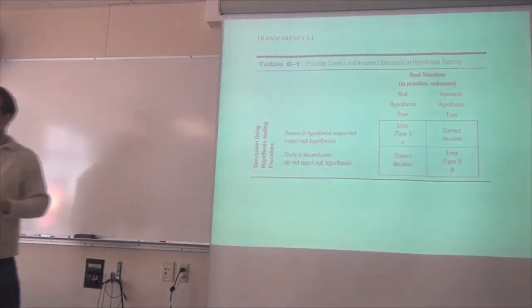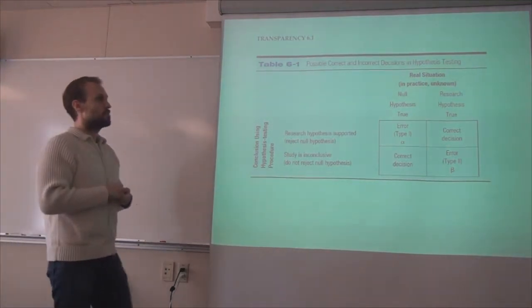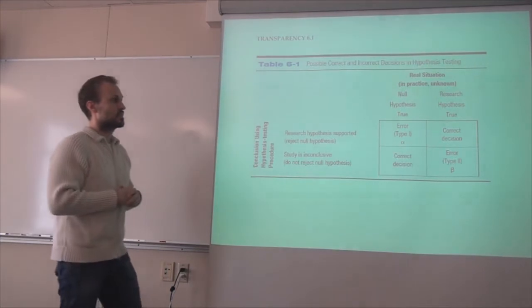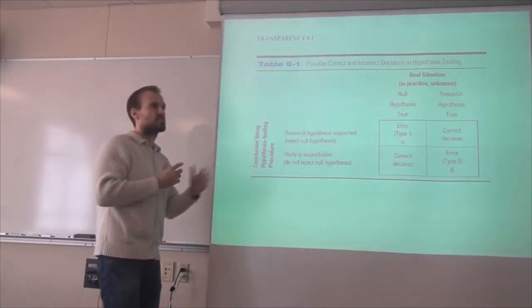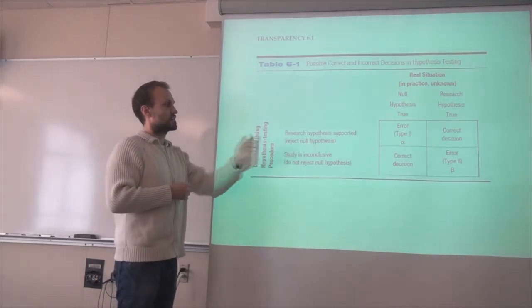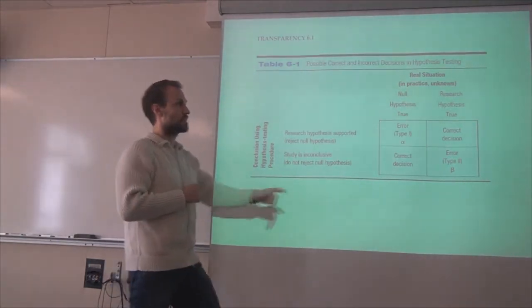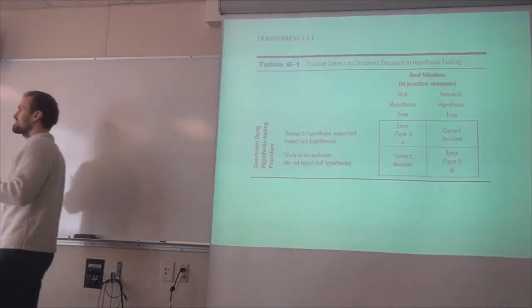But on the other hand, the research hypothesis could be true, that there has been a change, but my sample doesn't quite show strong enough evidence. So I can still conclude that it's not extreme enough. I say it's inconclusive. I don't reject the null hypothesis, but that would be a mistake because it might actually be true. So it's all a matter of what kind of sample I get.